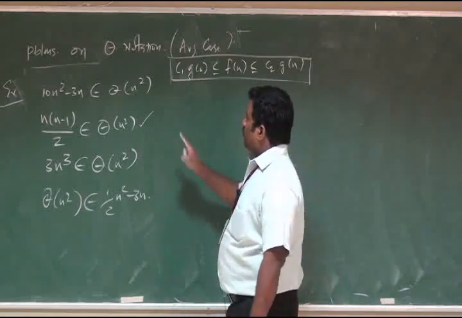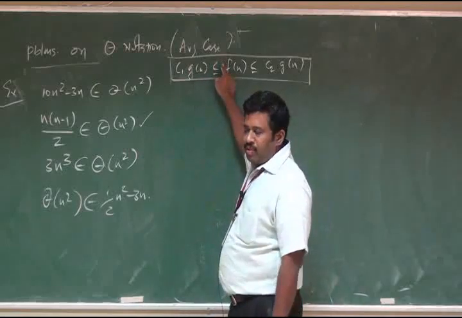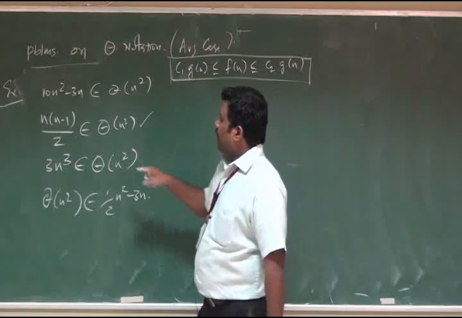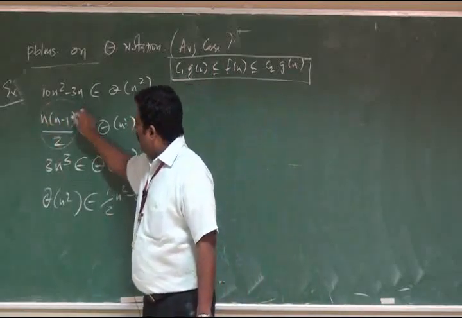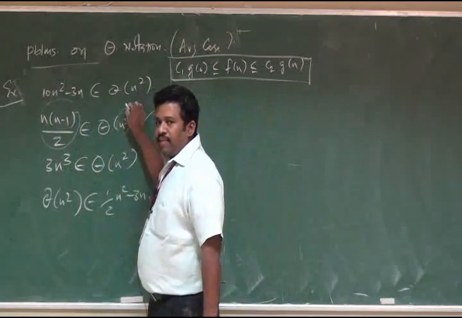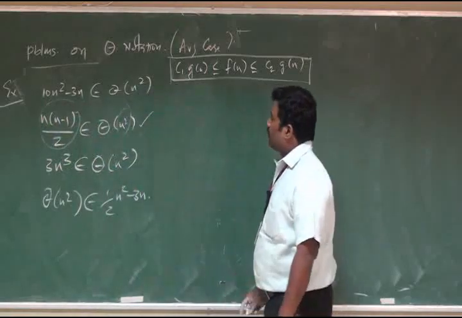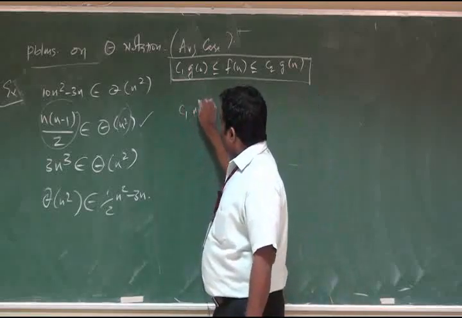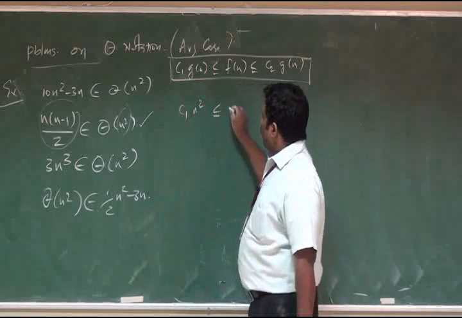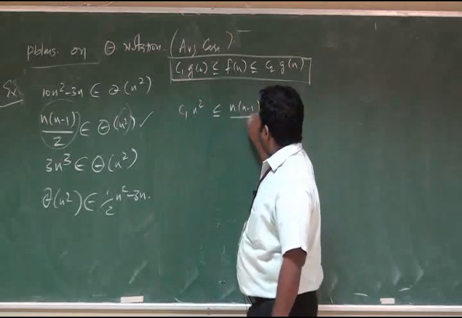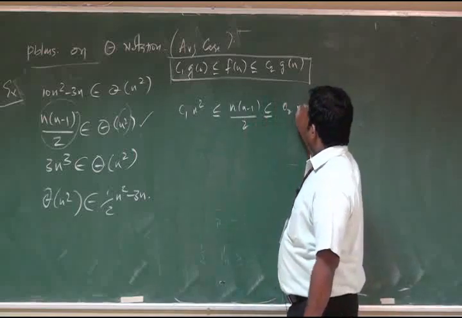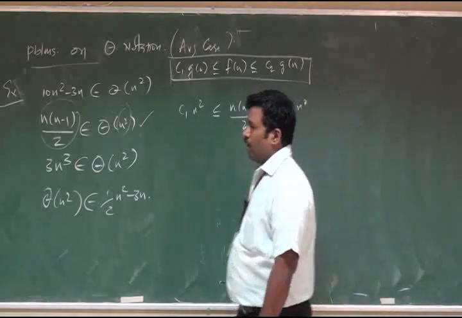Let's prove that. With reference to the given formal equation, you just convert this expression into the same equation. So it is identified that this is going to be the t of n and this section is related with the g of n value. So let's convert this into the given definition. It is written as c1 n square less than or equivalent to n into n minus 1 by 2 less than or equivalent to c2 n square.